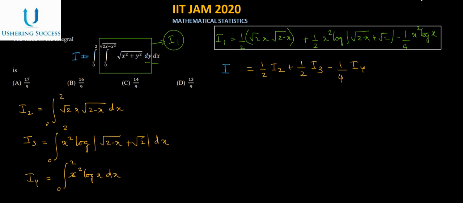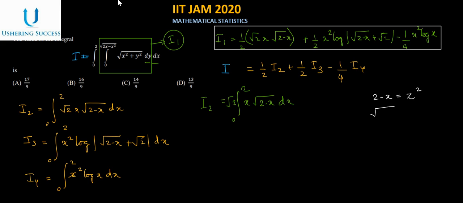So we'll first look at the integral I2. So I2 is the integral from 0 to 2. We take the root 2 out, this is constant, x root over 2 minus x dx. Now here we can see that there is a square root, so we will substitute 2 minus x with z square.